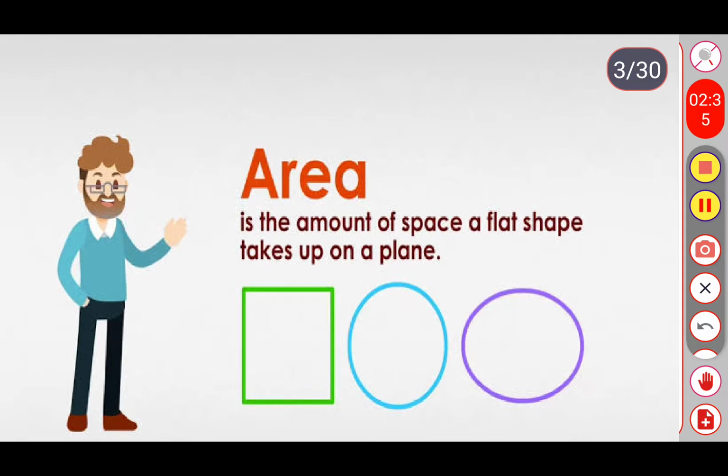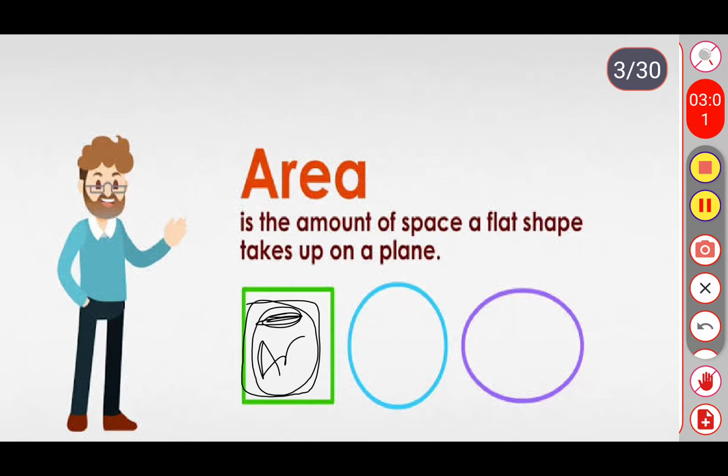For example, here you are observing some of the diagrams. First one is a square and second and third are two circles. The interior part of the square we consider as the area of the given quadrilateral because it has four sides.